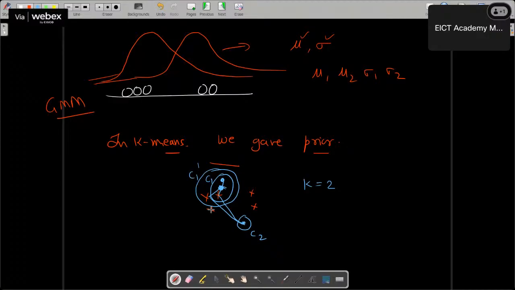Whichever is less, the data point belongs to that centroid. Now is that clear? Is K means clear?